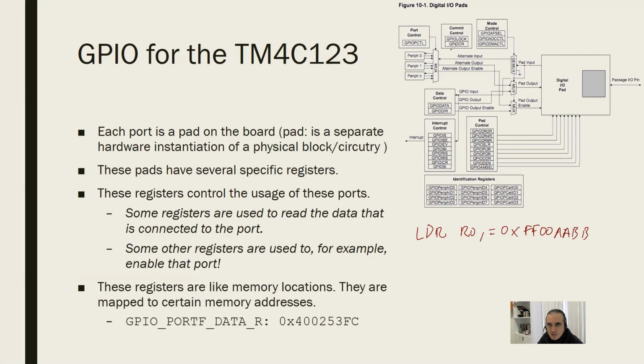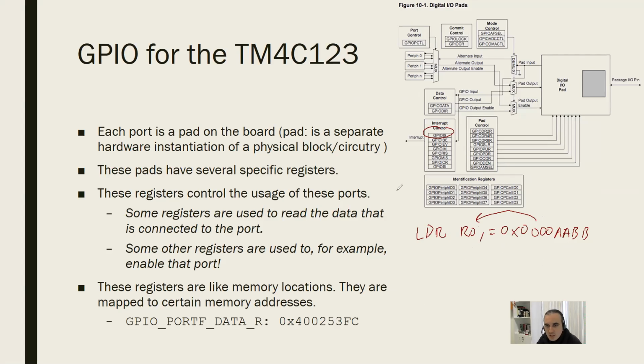Actually, this is not a valid code. This cannot be FF, so let me change it. Let's say 00 for some reason. When you do this, this value is written to this register. But this is a scratch paper register. These control registers do not have names like these. Actually, no other register has names like these. So how to change this register?